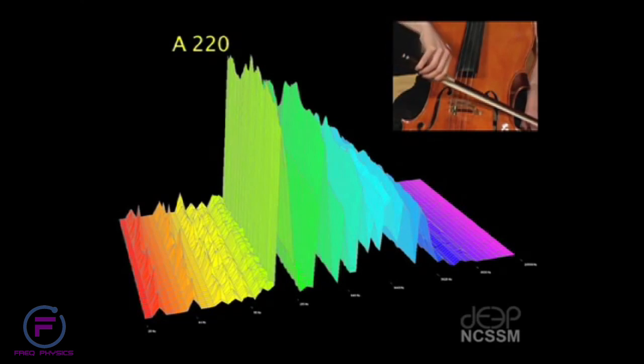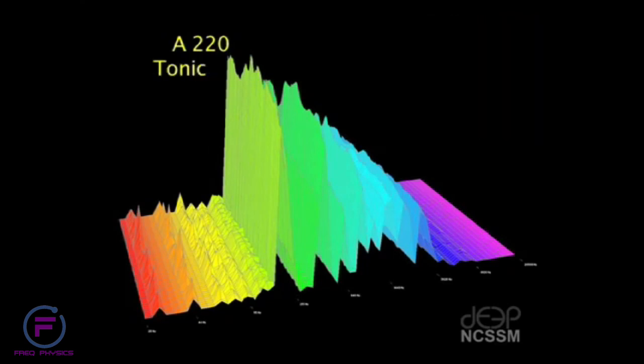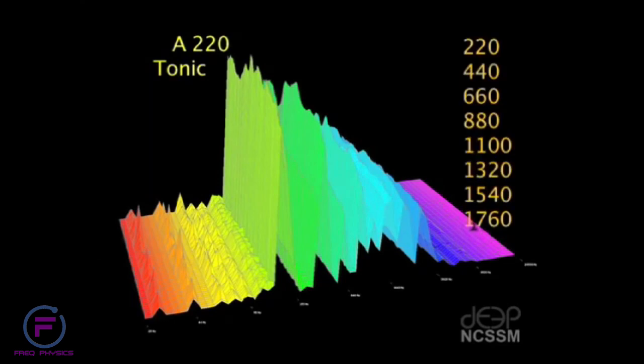Can you see the wave at each of these frequencies? We know that A, the tonic note, is 220 hertz. What other frequencies that are shown are the note A?